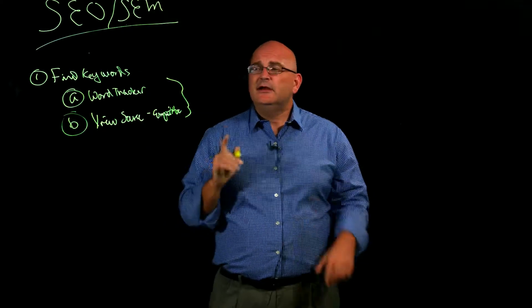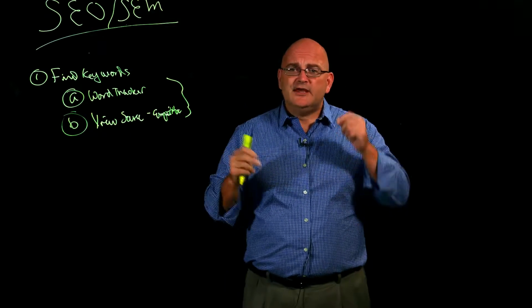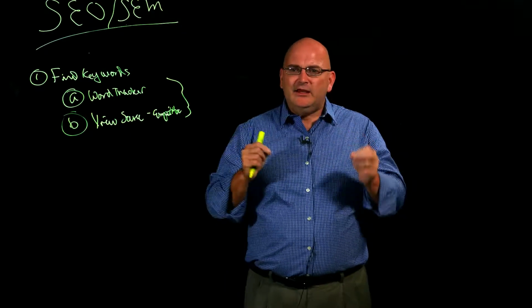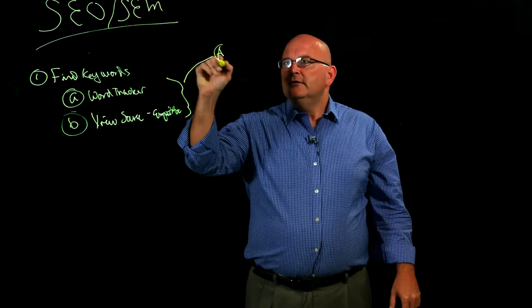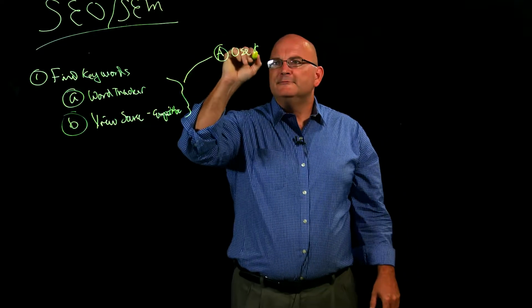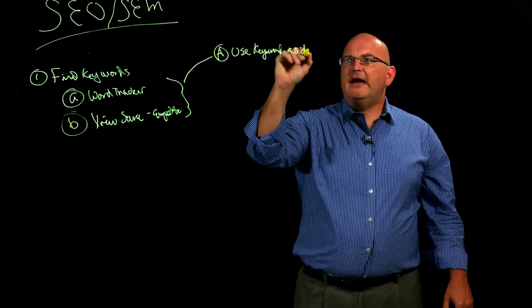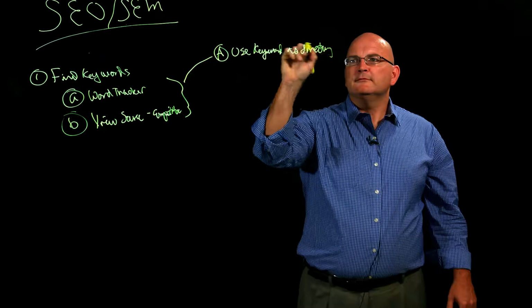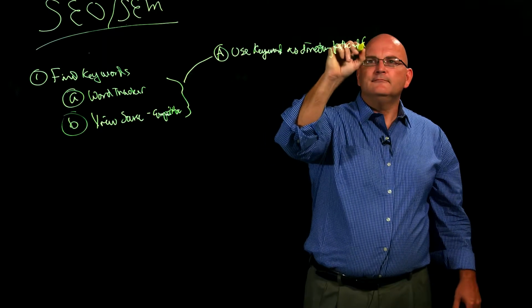What's involved? The first thing I would say is it's important to bake in those keywords into your site. And the way that you bake them into your site is you use the keywords as directory paths and file names.